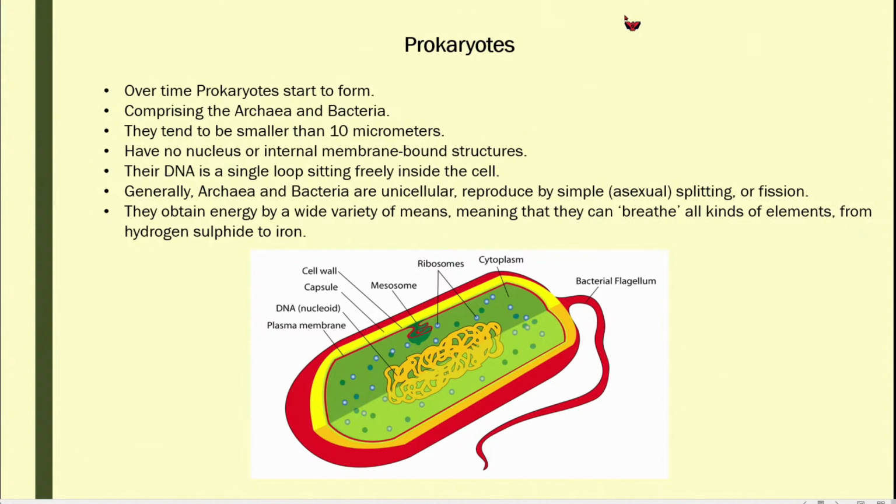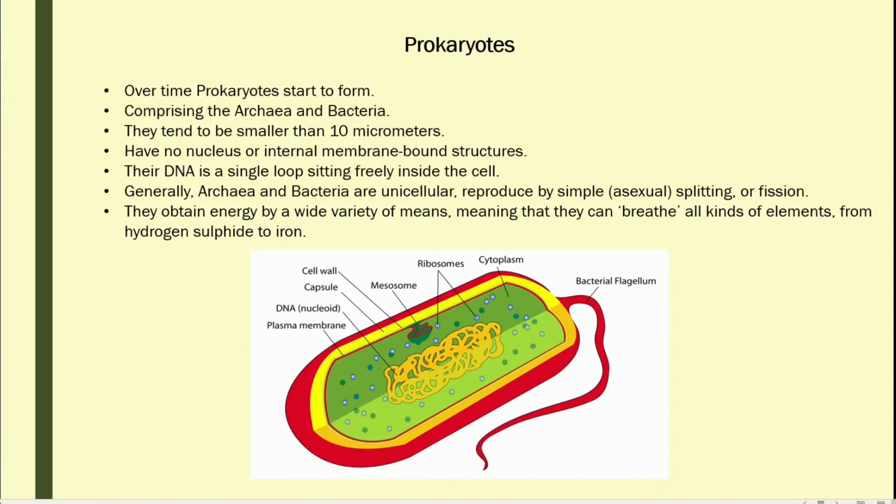Alright, so we're going to go ahead and go through this part. This is going to explain single-cell organisms. Prokaryote. So a prokaryote, over time, started to form in this eon, comprising the Archaea and the bacteria.